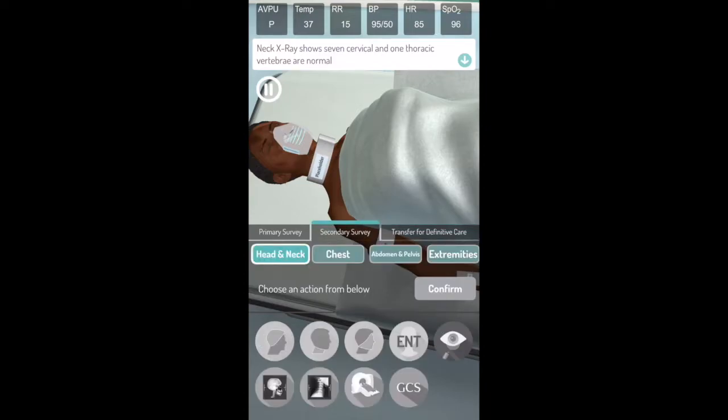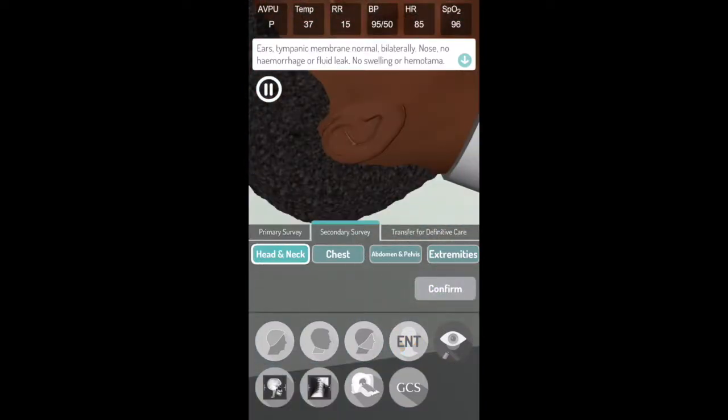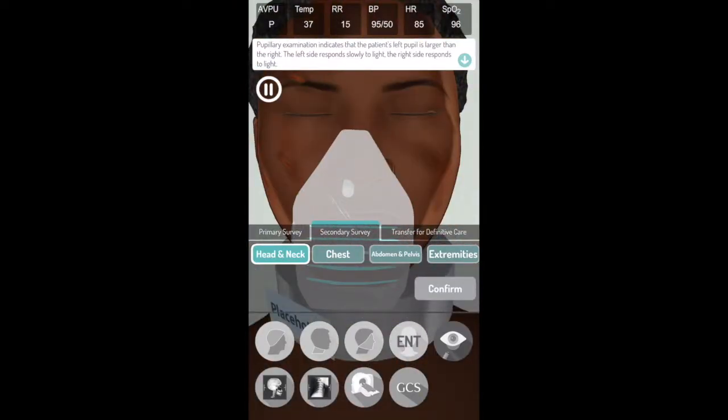So we would examine her tympanic membranes. We would look behind her ear to see if there's a hematoma, and we would check her nose for evidence of cerebrospinal fluid leak. We check her pupils again, we shine the light in the eyes, and we see the left, even though it is enlarged, does respond slowly to light. The right responds to light normally.